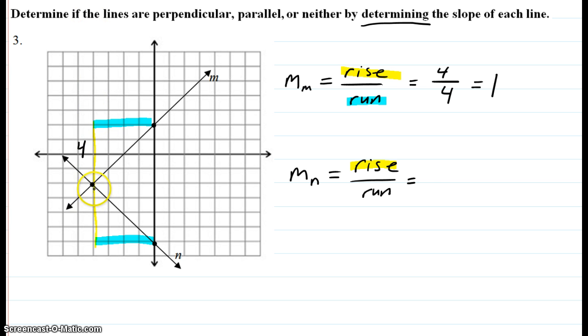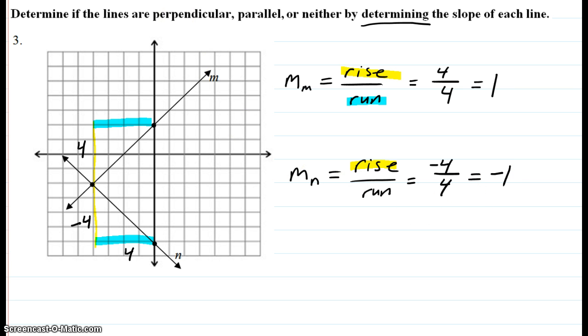So here I went down 1, 2, 3, 4. So I went down 4, so that'll be a negative, and then over 1, 2, 3, 4. So that's going to be a negative 4 over 4, which becomes negative 1.